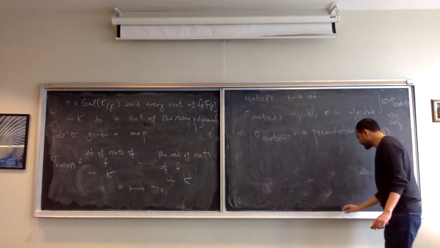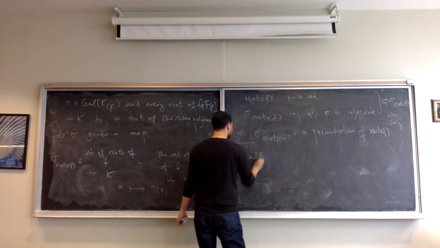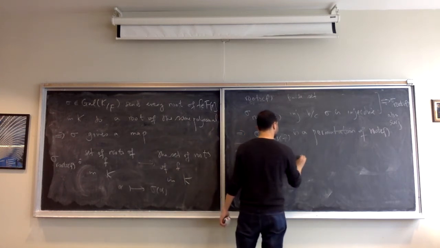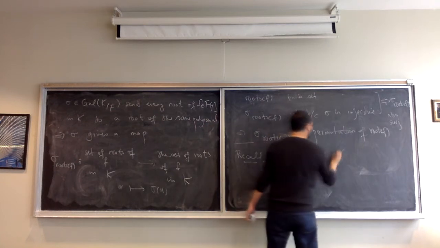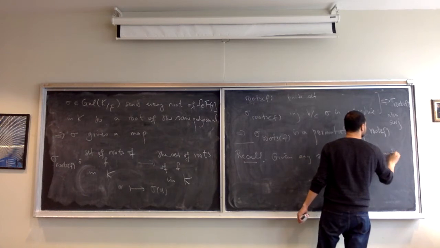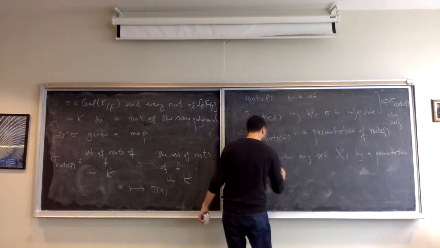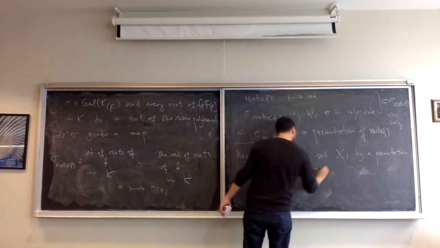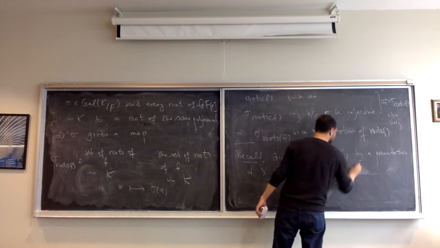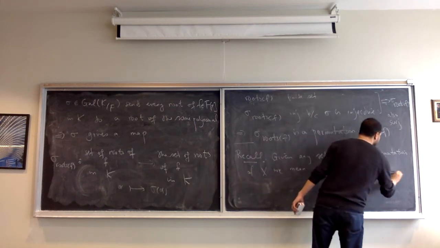Remember what was the definition of permutation? Recall: given any set x, by a permutation of x we mean a bijective function from x to x.